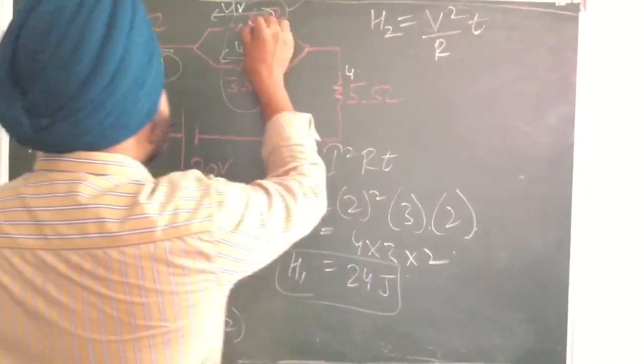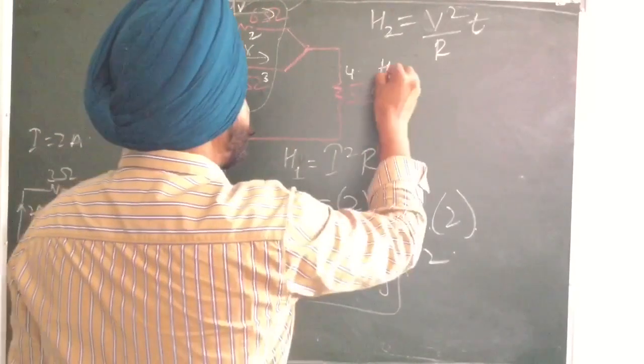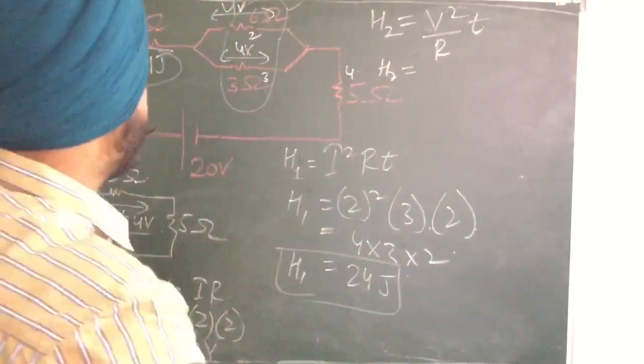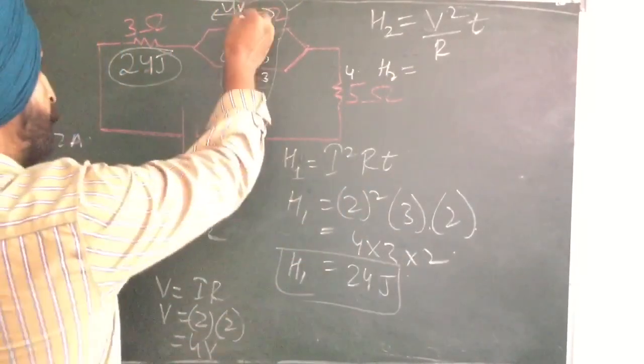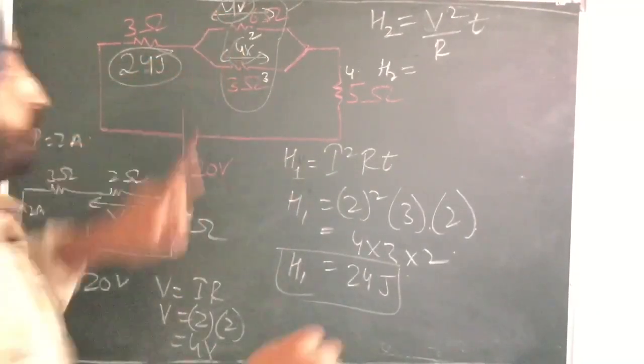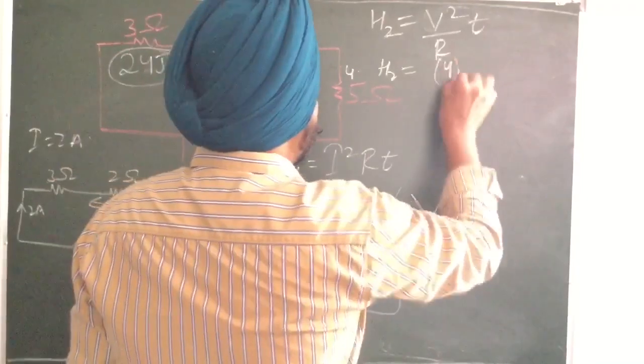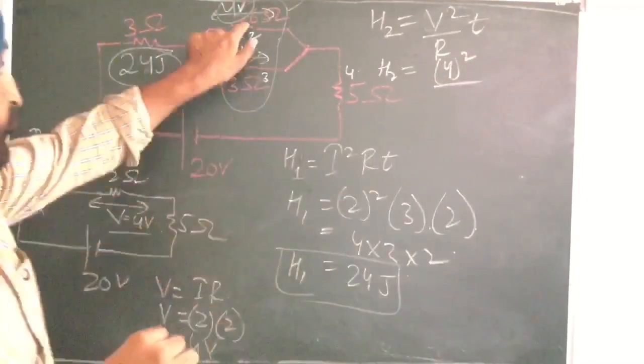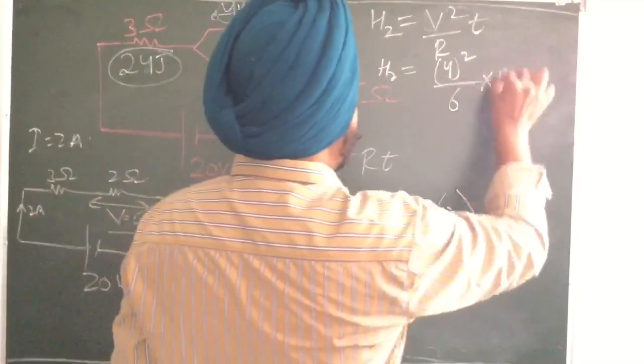So heat across this resistor, that is heat 2, it will be equal to voltage. Voltage is 4, that we have already calculated. Voltage across this is 4, across this is also 4. So it will be square of 4. Resistance of this resistor is 6. Time is of course 2.